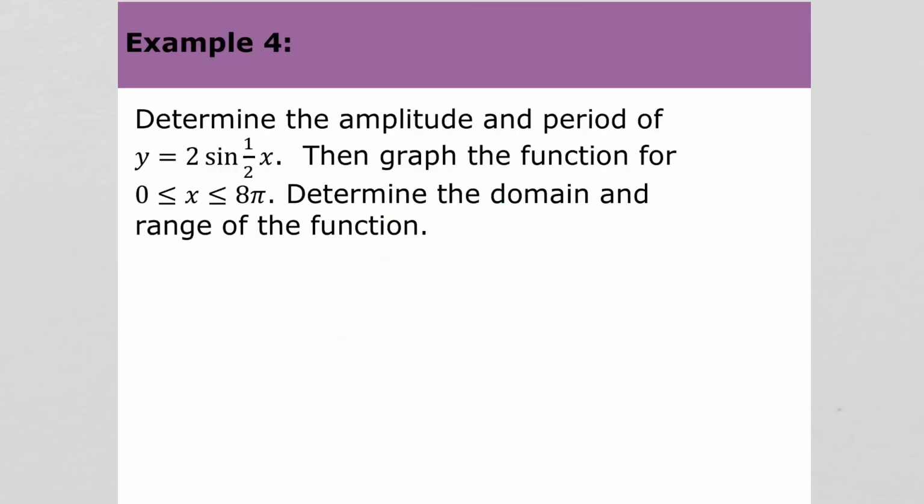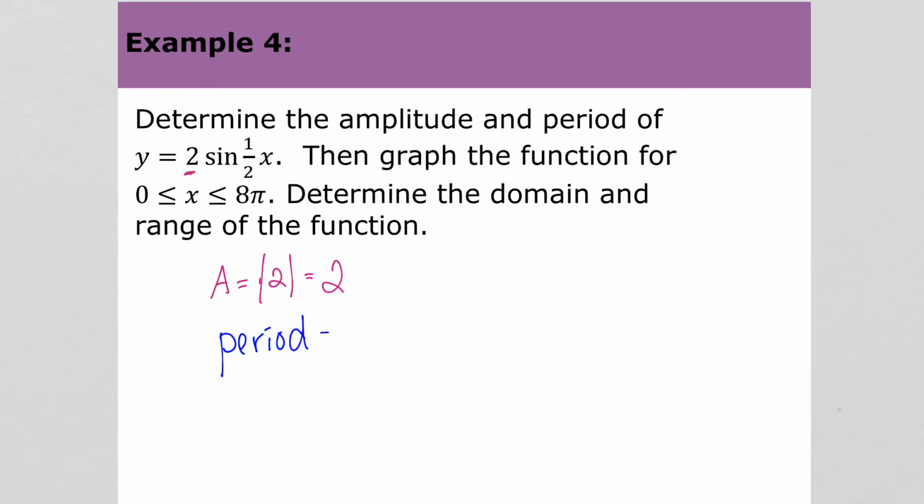For example 4, it says determine the amplitude and the period of 2 sine of 1/2 x. Okay, so the amplitude would be the absolute value of this number in front, 2. Amplitude is 2. And it asks for the period.